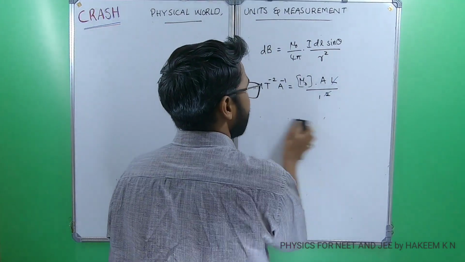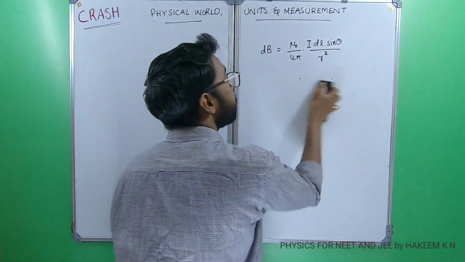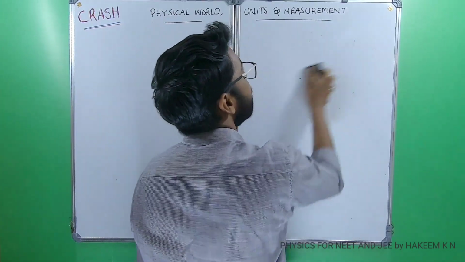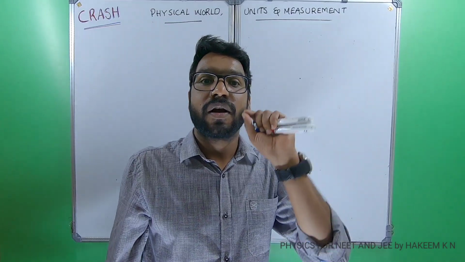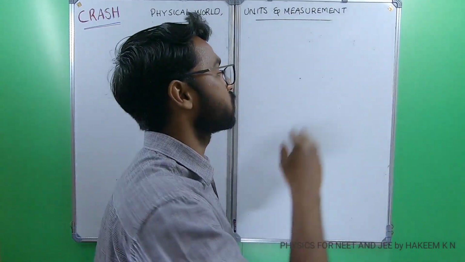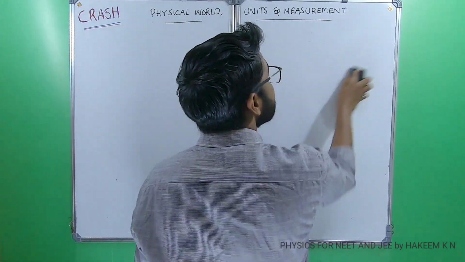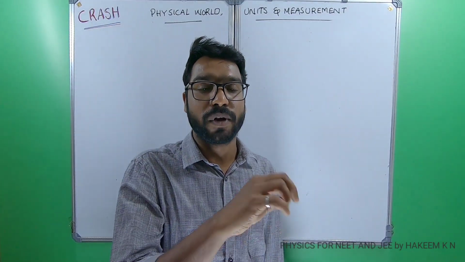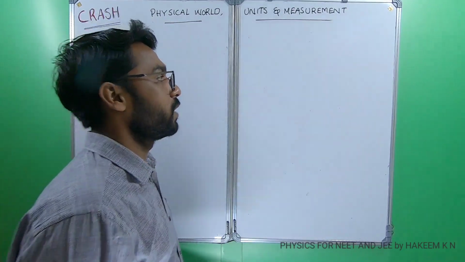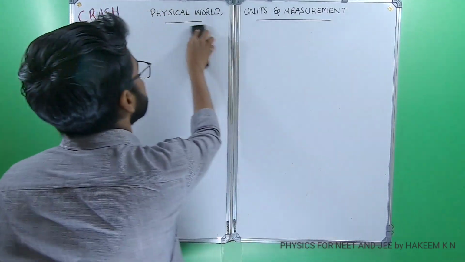Now we have to discuss what are the applications of dimensional formula. One application we already discussed: conversion of units from one system to another using the equation n2 equal to n1 into M1 by M2 power a, L1 by L2 power b, and T1 by T2 power c.